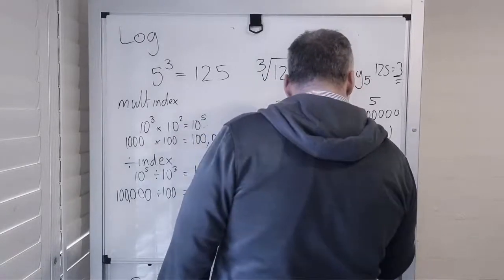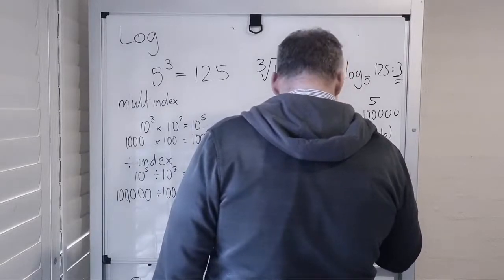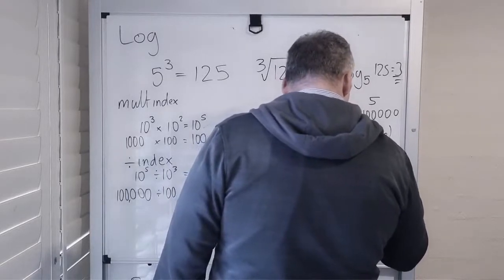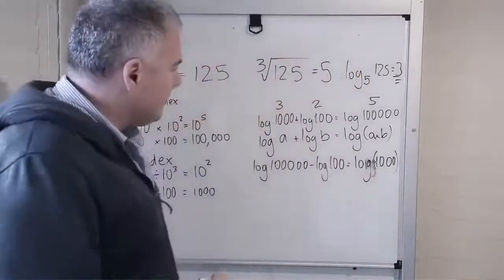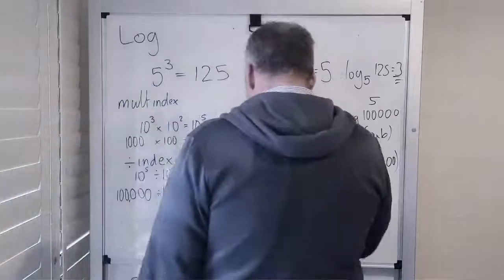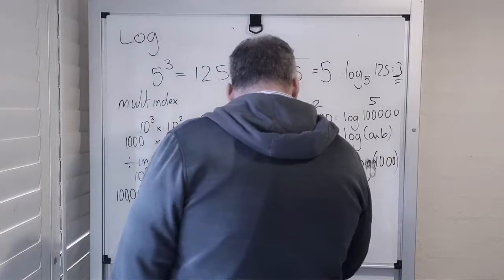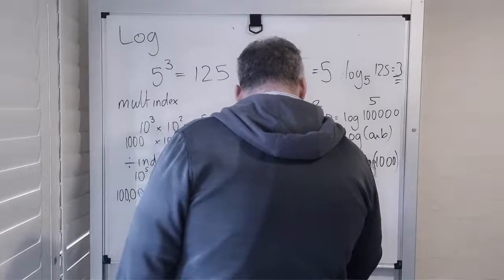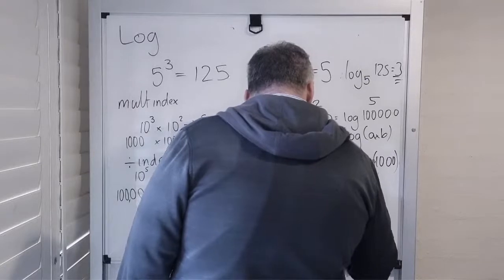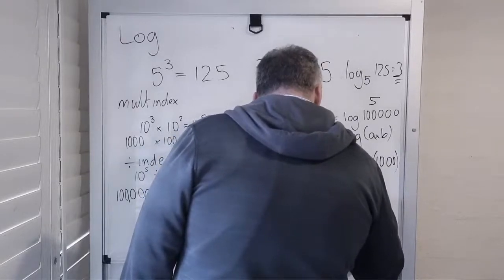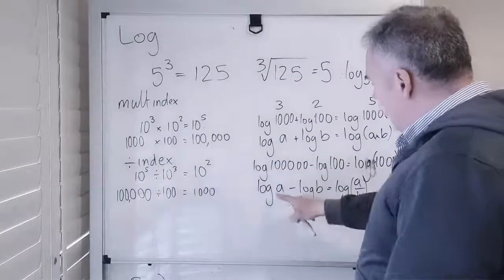I put an extra 0 there, that's weird. Its rule can be written as log A minus log B equals log of A on B.